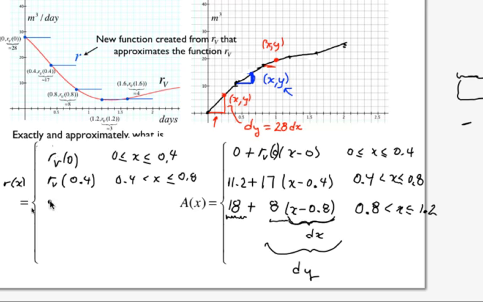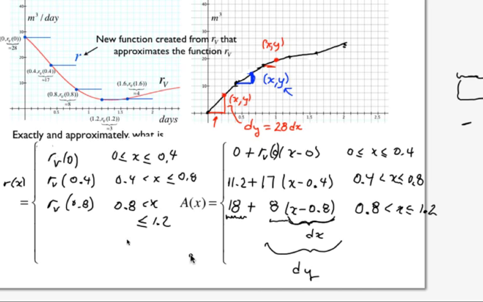And then finally, the next one here for the next interval, r sub v of 0.8, and that was the constant rate we used for the whole interval, and then we called this function r, right? R is our approximate rate, these blue steps up here, and that was from 0.8 to 1.2.